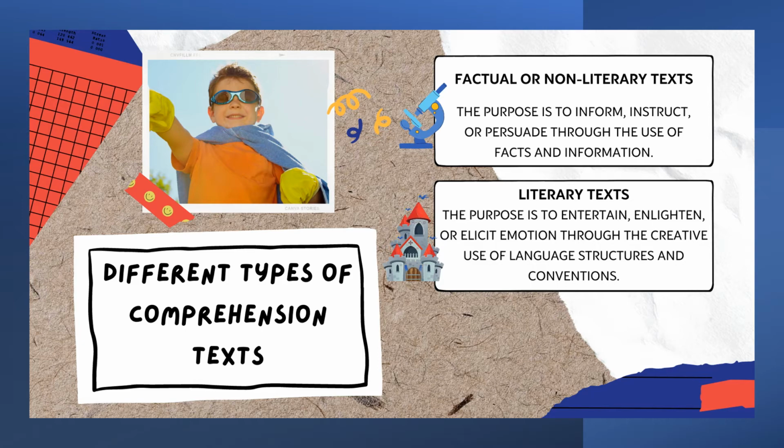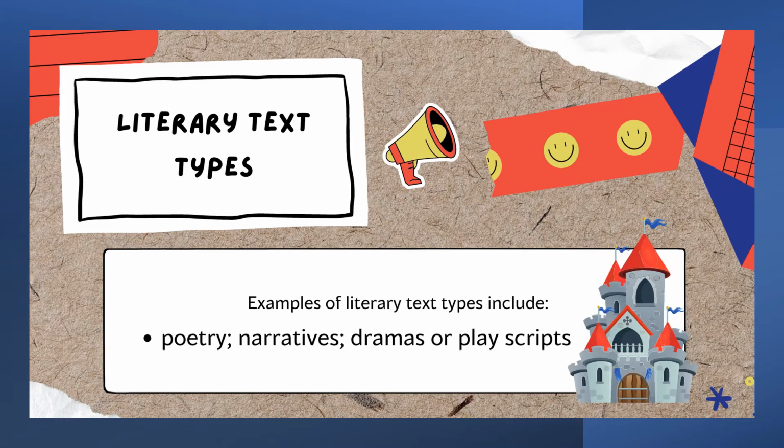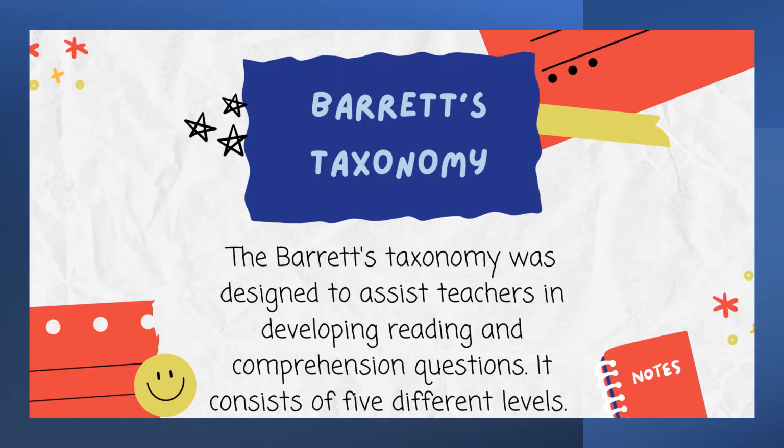The purpose of literary text is to entertain, enlighten, or elicit emotion through the creative use of language structures and conventions. Examples of factual or non-literary text types include discussions, instructions, and reports. Examples of literary text types include literature such as poetry, stories, and play scripts.